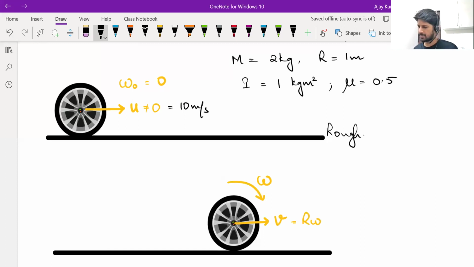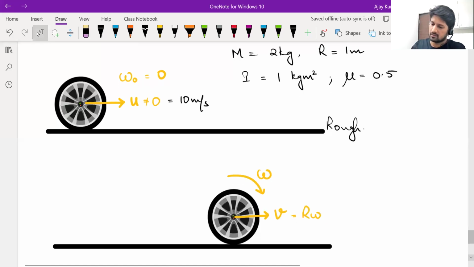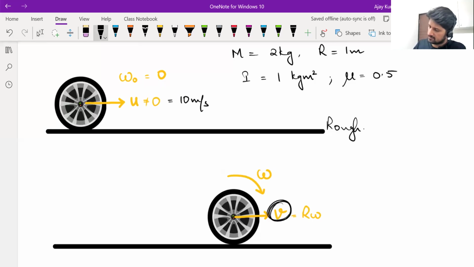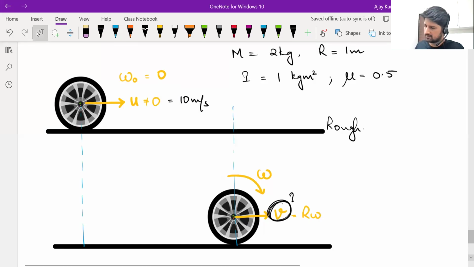I want you to find out what is the final speed it attains once pure rolling is established. And you should also find out how much distance the center travels before attaining pure rolling, and how much time it takes also.